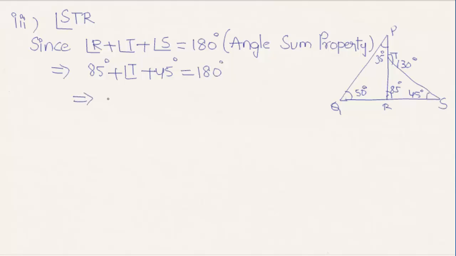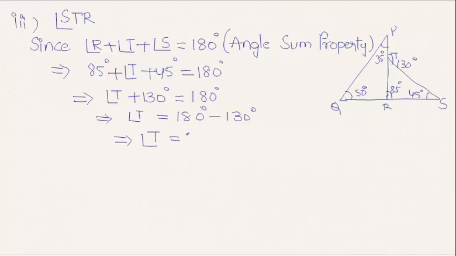That implies angle T plus 130 degrees is equal to 180 degrees. By transferring 130 degrees to the right hand side, we get angle T is equal to 180 degrees minus 130 degrees. That implies angle T is equal to 50 degrees. So here angle STR is equal to 50 degrees. Let us mark this on the figure. Angle STR is equal to 50 degrees.